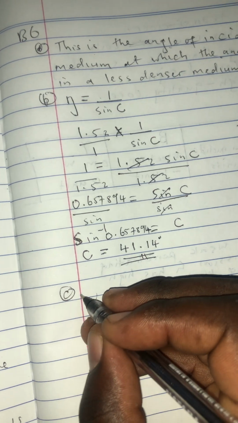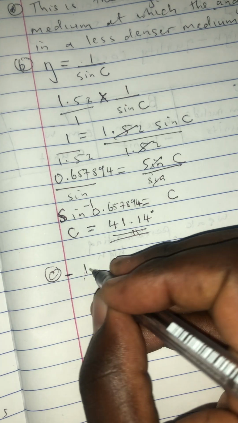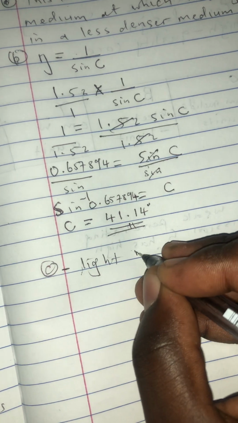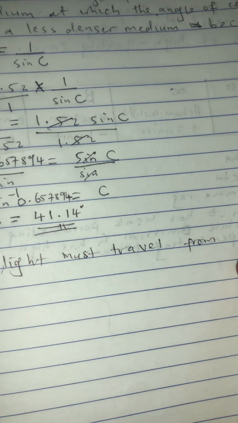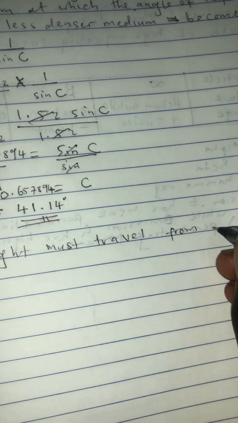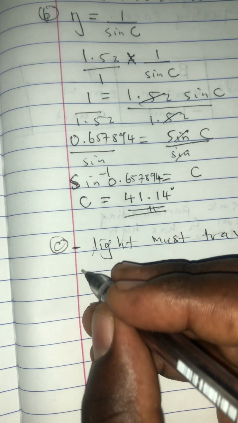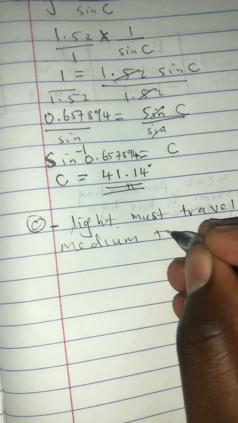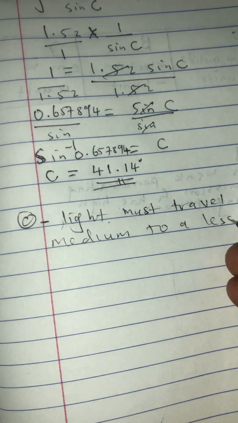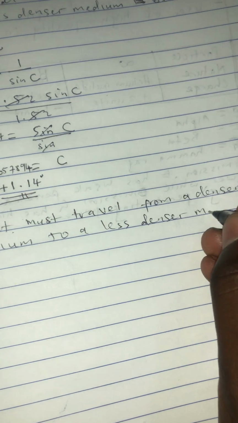The first condition is that light must travel from a denser medium to a less denser medium.